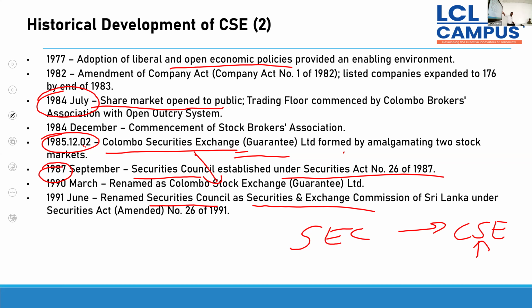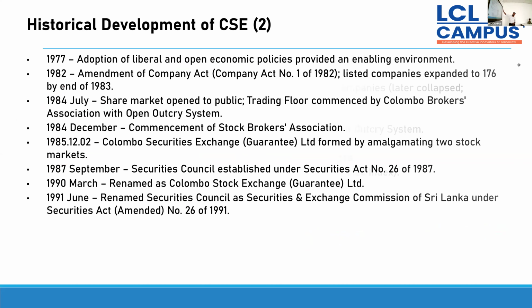And 1987 is the year we established the act, right? This is the currently prevailing act for the securities. All the Colombo Stock Exchange members, stock brokers, all the companies should adhere to this law. Clear? So those two are very important.